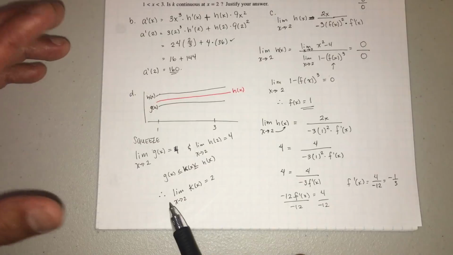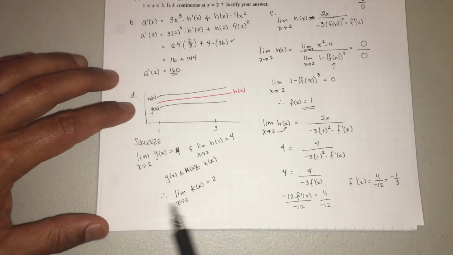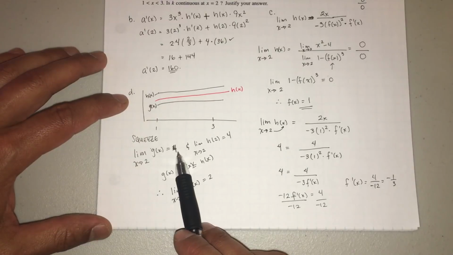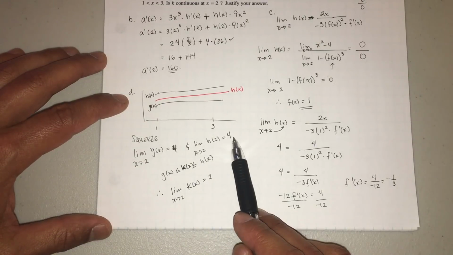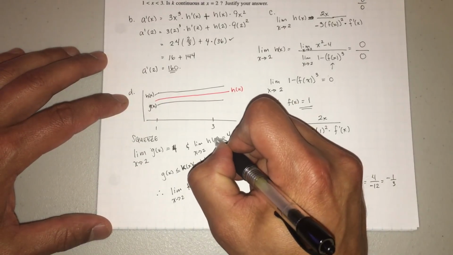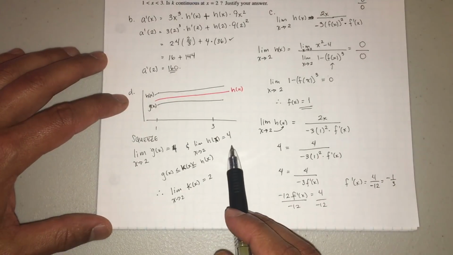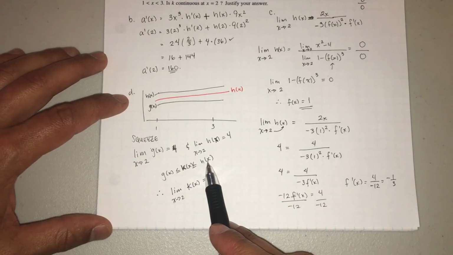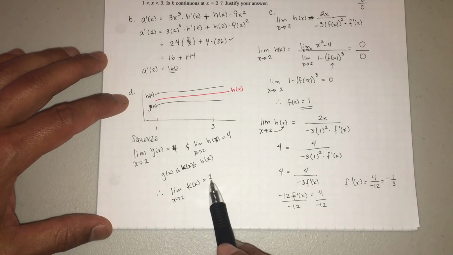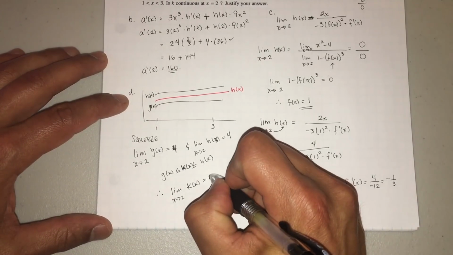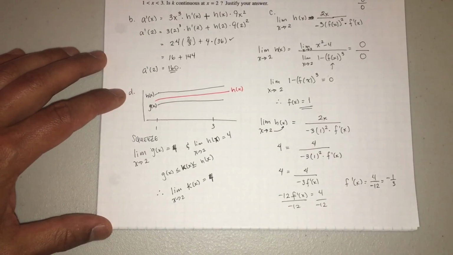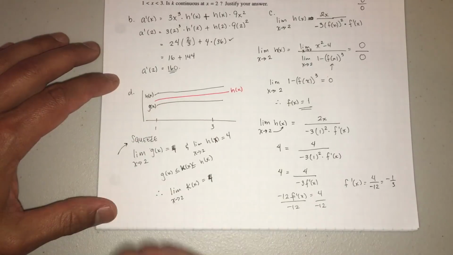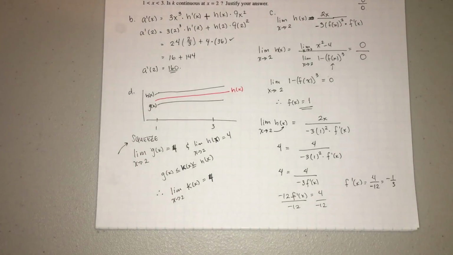And it just makes common sense, even if you don't use the squeeze theorem, but that's where you get it from. So you would write the limit of g equals 4, the limit of h equals 4, and then we say that k is between g and h. So that means this guy has to also equal 4. And it actually comes from the squeeze theorem. But even if you don't remember the squeeze theorem, it makes common sense.